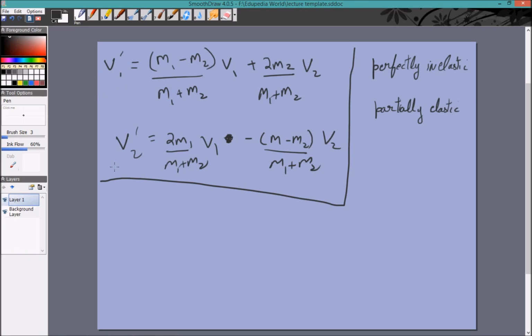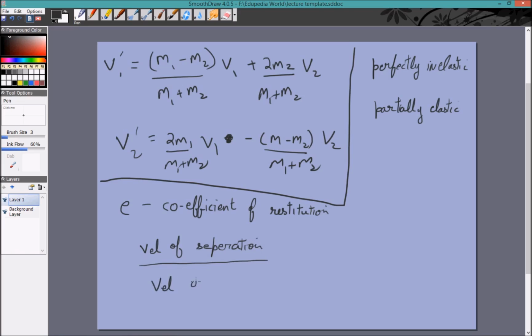So if that is not true, we need a second equation in place of that. So for that, we define a quantity E, which is a dimensionless quantity, which is called the coefficient of restitution. And that is nothing but velocity of separation divided by velocity of approach.